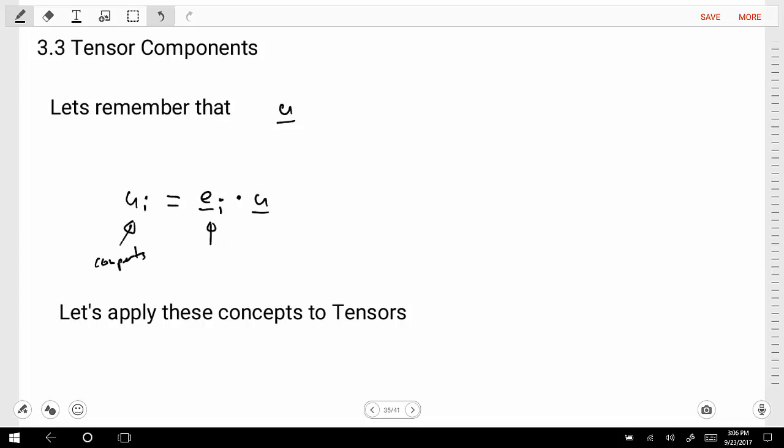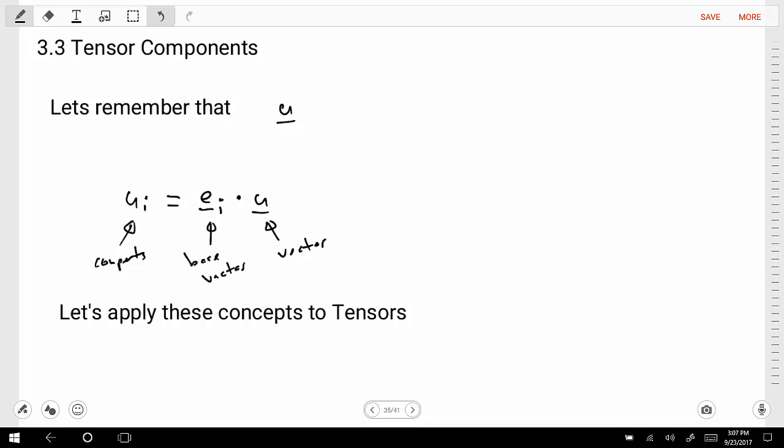So we would do the base vector 1 dot u to give us u1, the base vector 2 dot u to give us the component u2, and the base vector 3 dot u to give us the component u3.